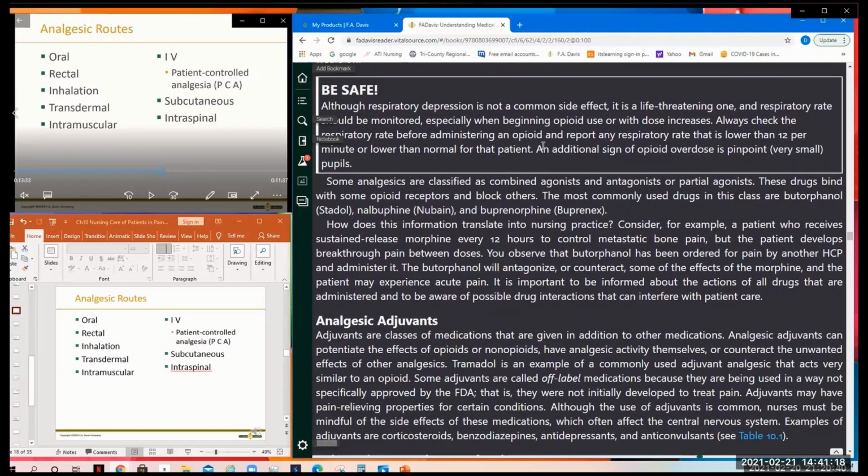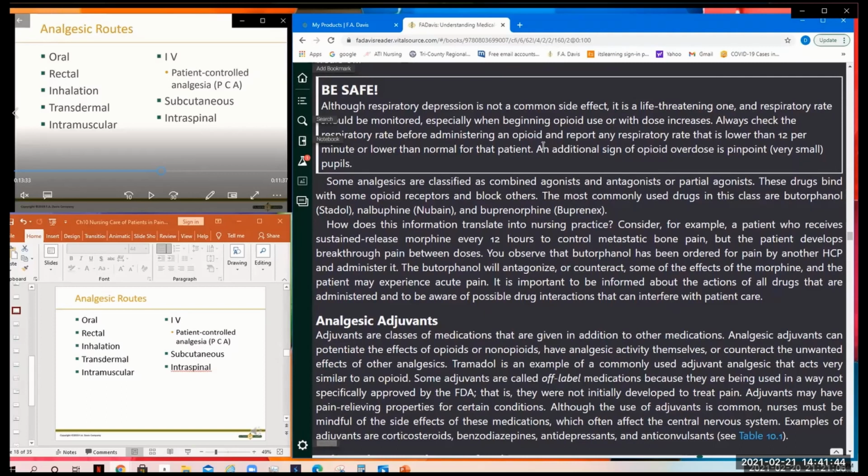How does this information translate into nursing practice? Consider, for example, a patient who receives sustained release morphine every 12 hours to control metastatic bone pain, but the patient develops breakthrough pain between doses. You observe that butorphanol has been ordered for pain by another HCP and administer it.